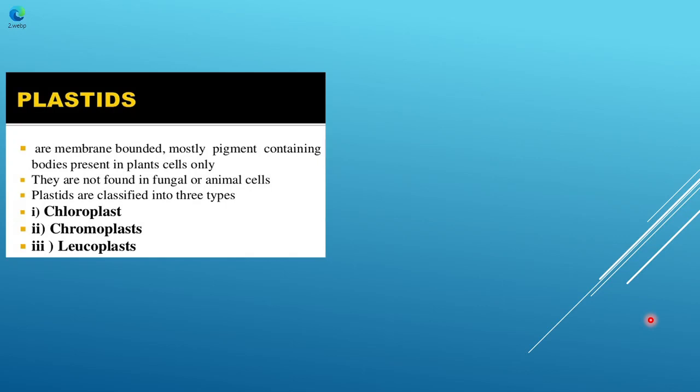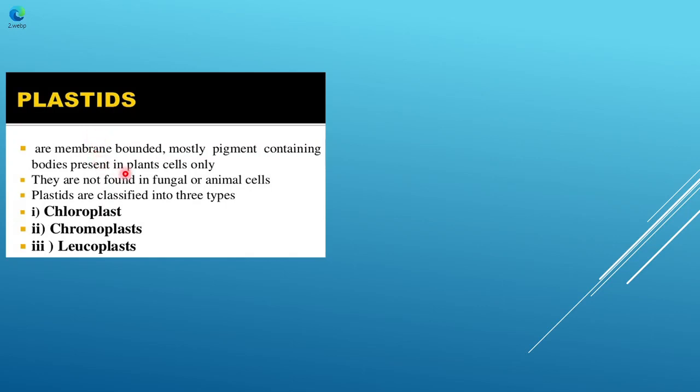Because they contain pigments, which are the components responsible for absorption of light energy, that is sunlight, and thereby convert that light energy to chemical energy, that is ATP, and that is possible within the plastids. Because plastids are present only in plants, only plants are capable of carrying out photosynthesis.